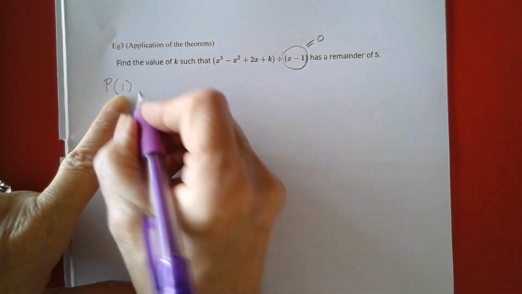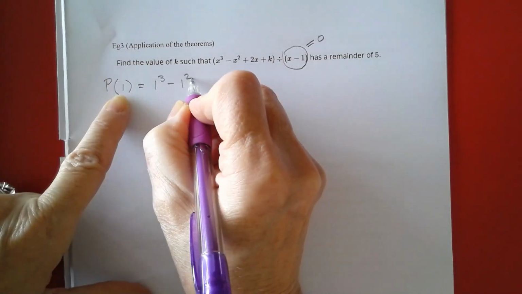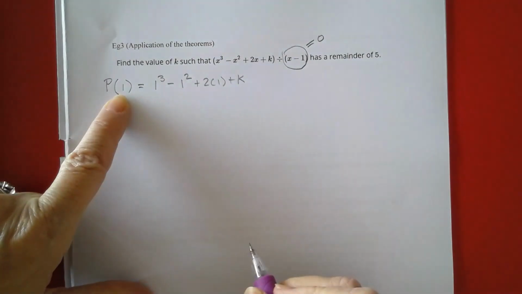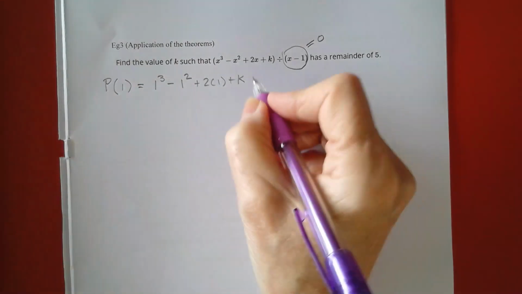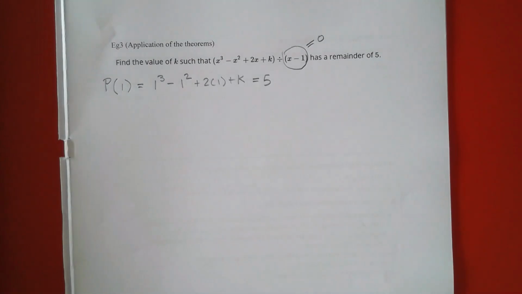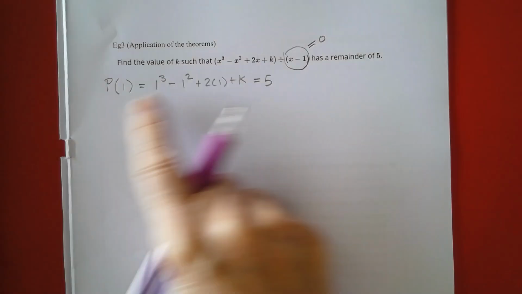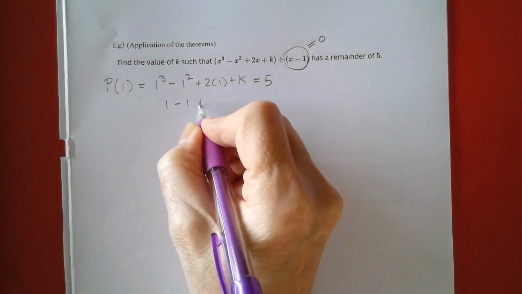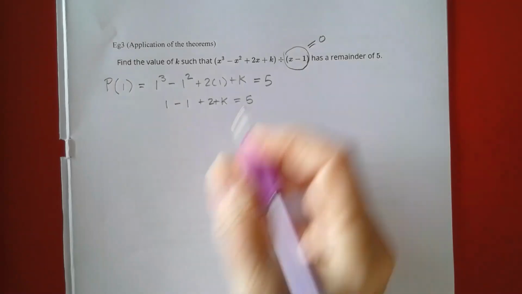So I put the 1 there, and then I'm going to put 1 cubed minus 1 squared plus 2 times 1 plus k. And I want to find the value of that so that the remainder is 5. So this should be 5, because this gives me the remainder, right? The remainder theorem says if you plug in a, you should get the remainder. So I'm going to write 1 minus 1 plus 2 plus k equals 5.